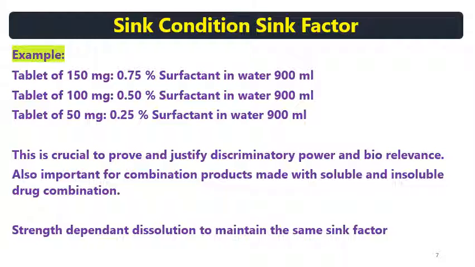Many times we hear and observe that for the lower strength the dissolution becomes faster, and for the higher strength the dissolution becomes slower. Many times the sink variation, that is less sink condition at higher strength and higher sink factor at lower strength, can be responsible for these types of observations.